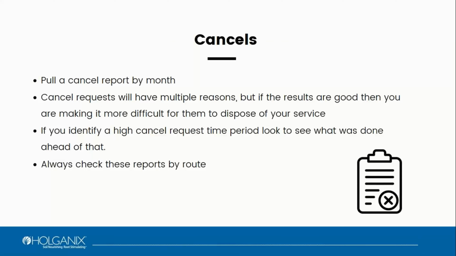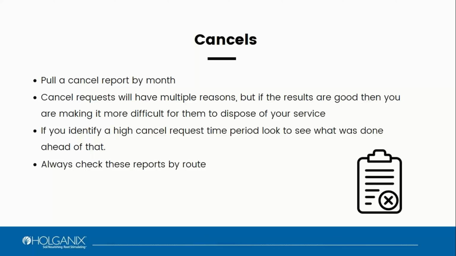And cancels. We kind of touched on this a little bit earlier. Pull a cancel report by month is a very useful tool and suggestion. Cancel requests will have multiple reasons. If you want to utilize the tool of using the customers to report back to you, that's a good option for you.